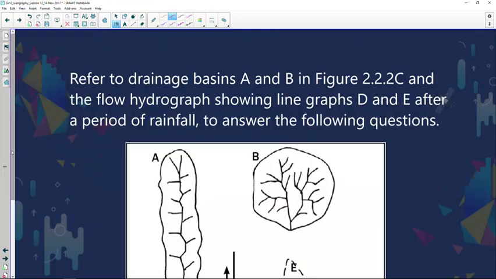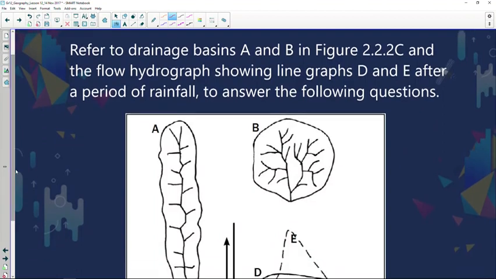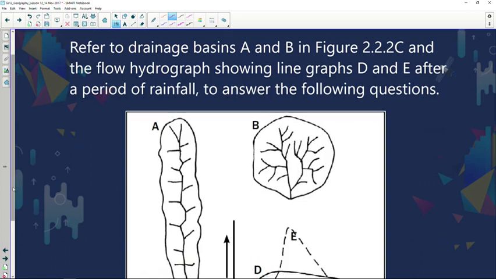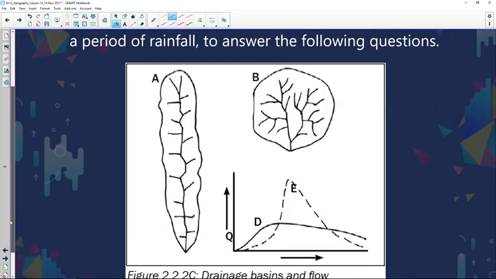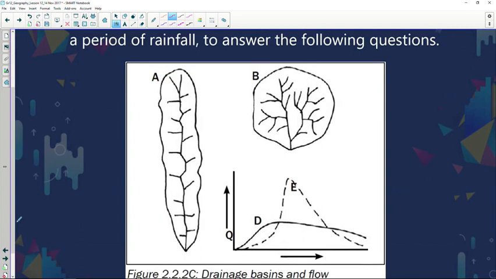Now, if you look at the next question, refer to drainage basin A and B in figure 2.2.C and the flow hydrograph showing the line graphs D and E after a period of rainfall. Now, let's just quickly look at these two diagrams over here. First of all, will you agree with me that A is a trellis pattern and B is a dendritic pattern? How do I know this?